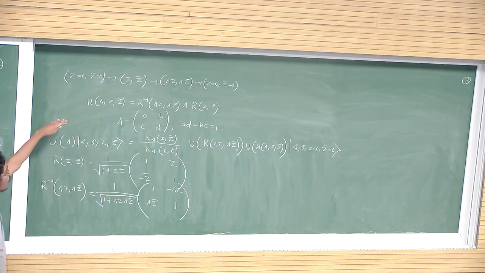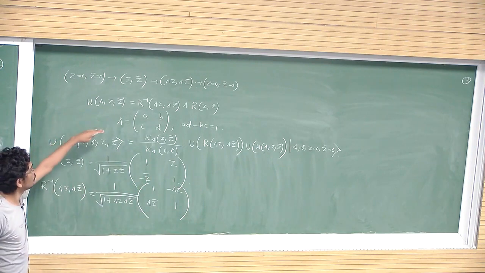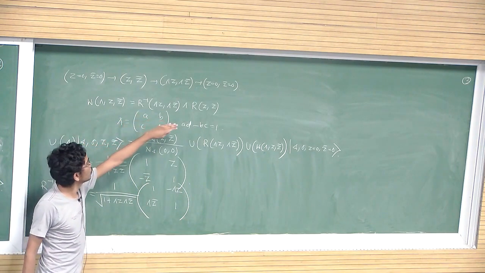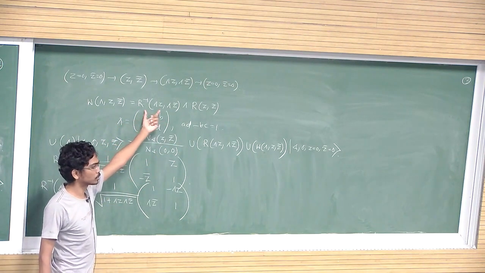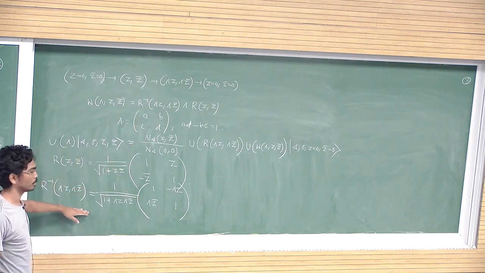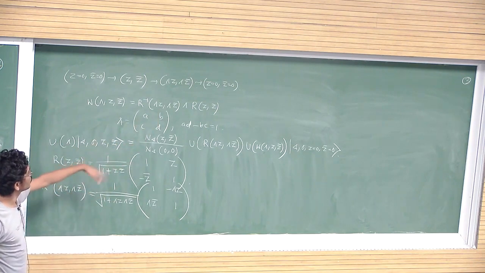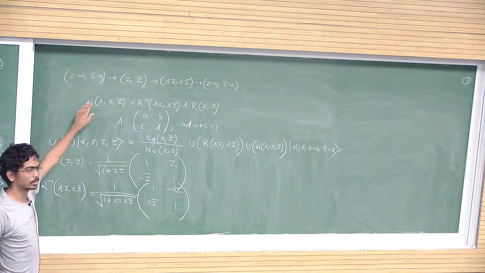So I have now shown all the matrices here. R of z bar is given by this, lambda is given by this, and the inverse rotation is given by this. Now you can multiply all these three matrices and you can see what this W looks like.